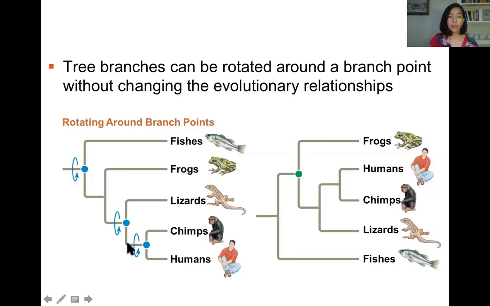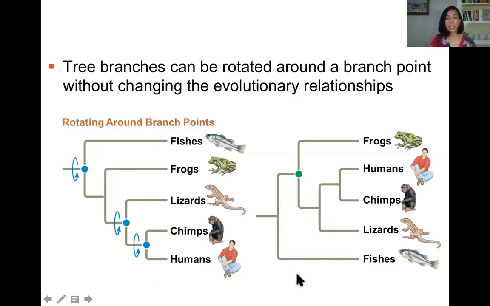So let's go over our next group. If we rotate this branch point right here, now lizards come down from this lineage, and that's what we see here. We have humans and chimps here, and lizards are at the bottom. If we look also at this rotation point right here, fishes were at the top, now they are at the bottom.